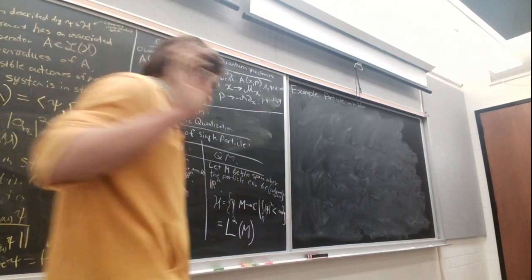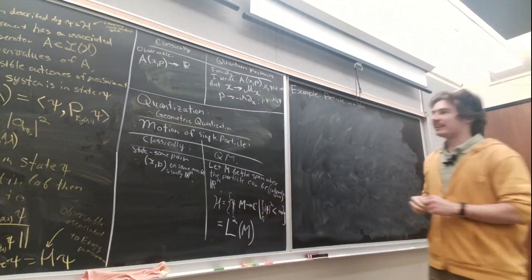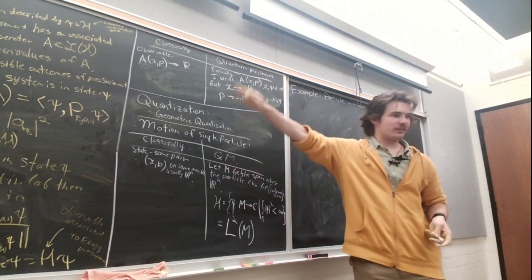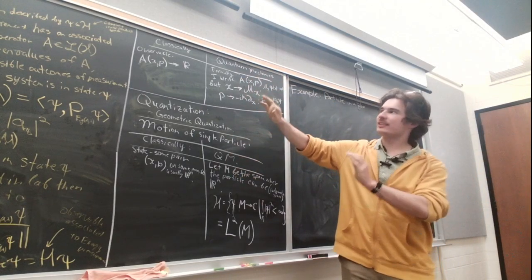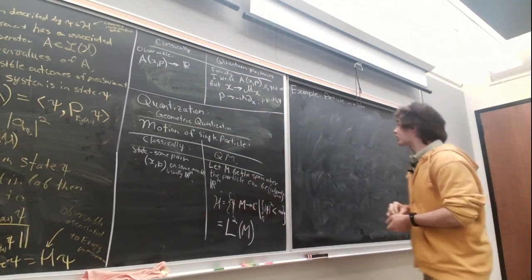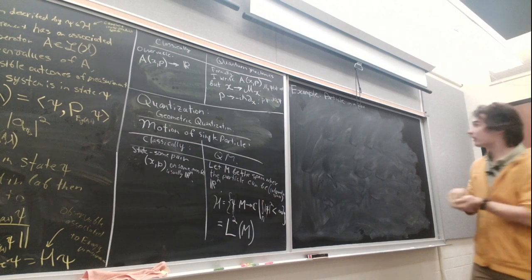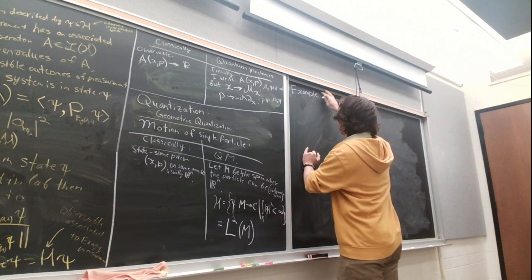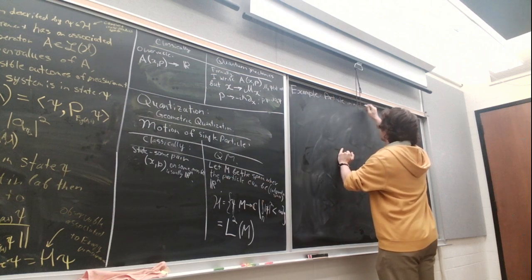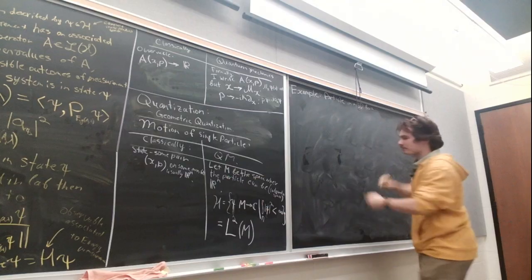If you didn't come to office hour, what can I say? Unfortunate. Great. And I kind of listed these rules in office hour as well, but we didn't know what an inner product space was. We didn't know what anything was. Good. Example, particle in a box. Sorry, I forgot to say, a one-dimensional particle in a one-dimensional box, to make life easier.